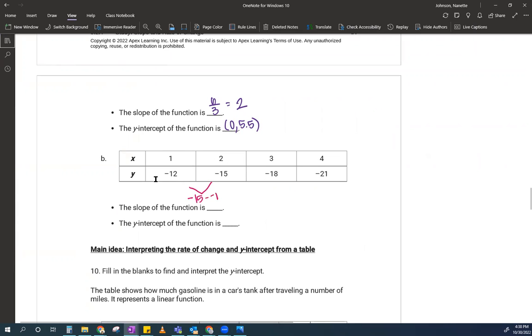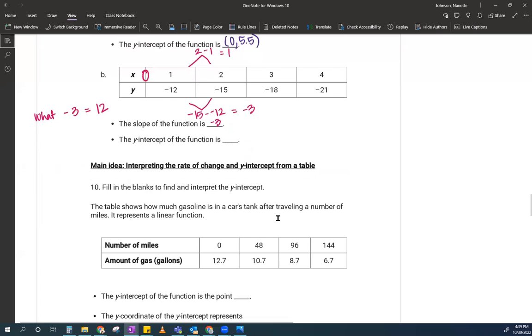So what number here, when I subtract 3 gives me 12? Or another way to think about it is if you're subtracting going this way, that implies that you're going to add to go this way, right? So I'd add 3 to negative 18 and then boom, I get negative 15 and so on and so forth. So here, this number right here would be what minus 3 would give me negative 12, or negative 12 plus 3, which is negative 9. So my answer here is negative 9, as a point, (0, negative 9).